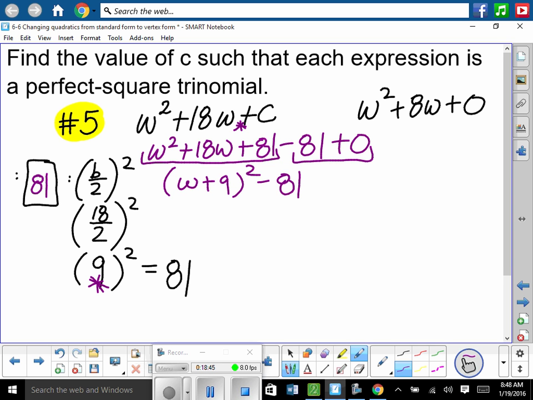But really, we didn't have to go clear that far. I just wanted to show you what we're looking at here. It said, what's the value that makes this a perfect square? And it was, we added what? 81. But the only reason I like to go all the way is because people forget that if you add 81, you got to subtract 81. But the value that makes this a perfect square trinomial would be c is equal to positive 81. So this would be where you could stop.